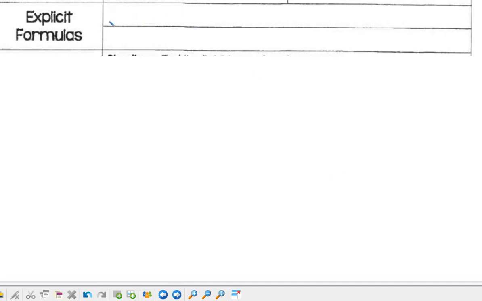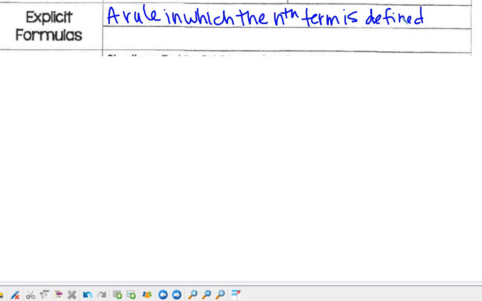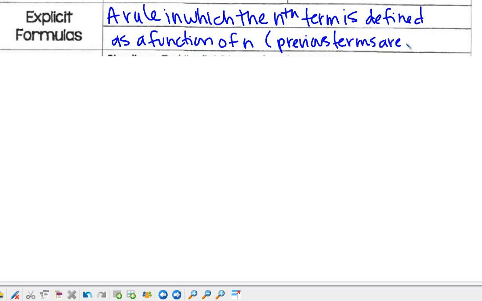So an explicit formula is a rule in which the nth term is defined as a function of n, which means that previous terms are not needed.